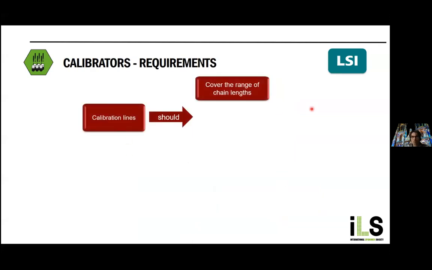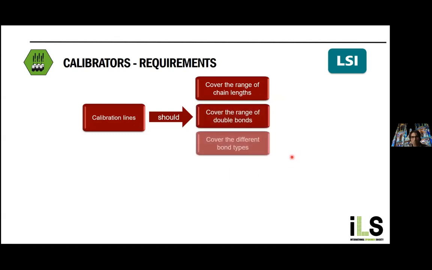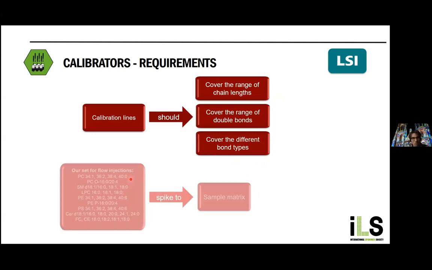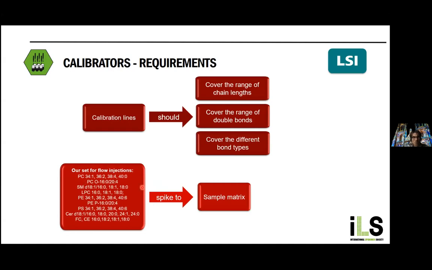Calibrators, similarly, should cover the chain length and double bonds of your analytes, and different bond types should also be covered. This is a set of calibrators we have in our flow injection methods. Let me show you for the PCs. We have a 34:1, 36:2, 38:4, 40:0, and also an alkyl species.